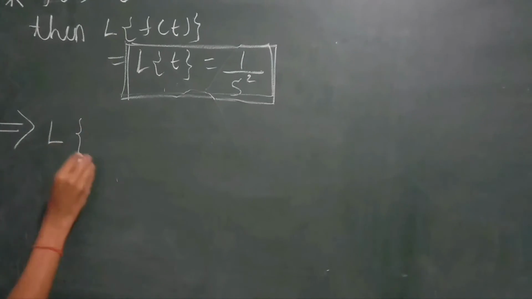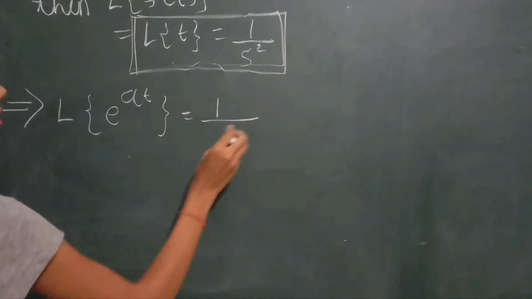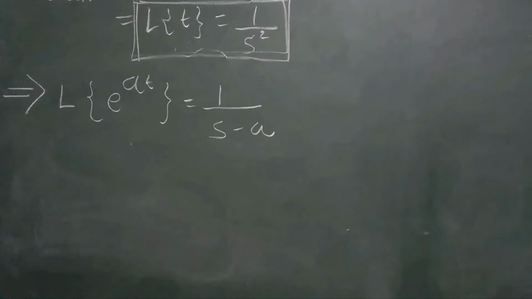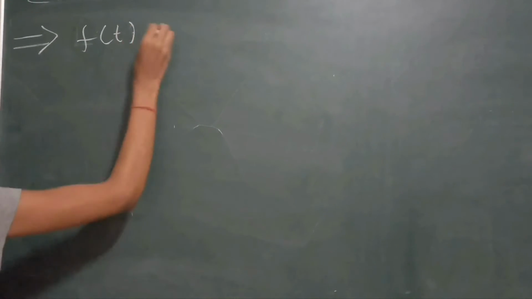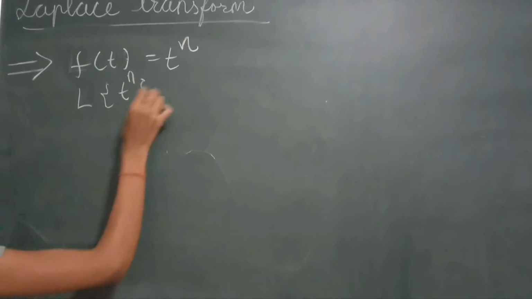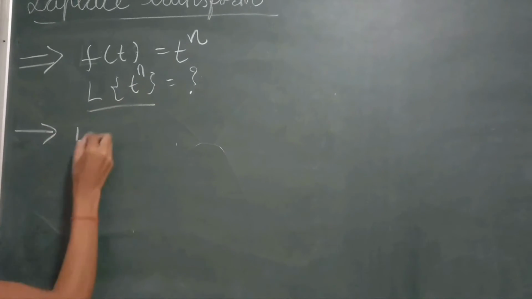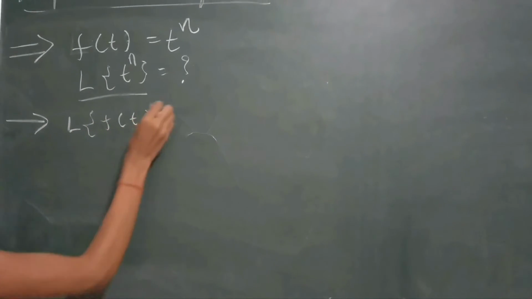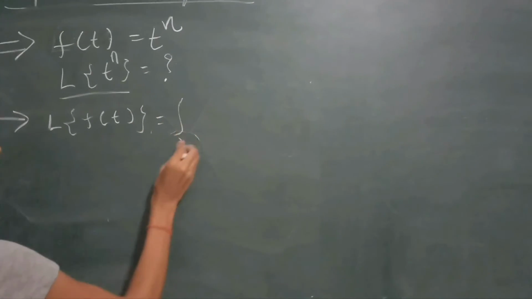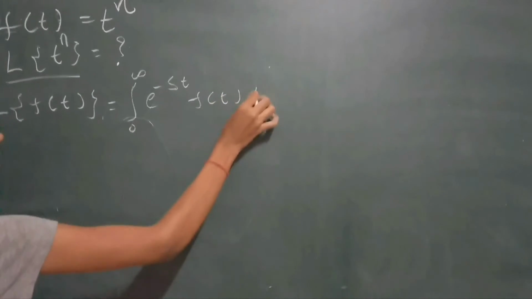Similarly, we can show that L of e raised to at is 1 upon s minus a. Now we will show that if f of t is t raised to n, then L of t raised to n is what? We know the formula: L of f of t is 0 to infinity e raised to minus st f of t dt.